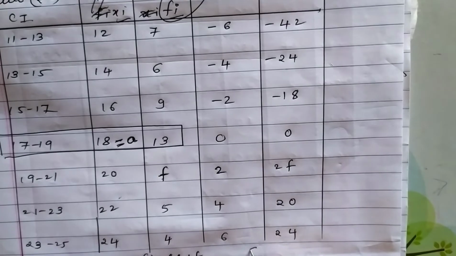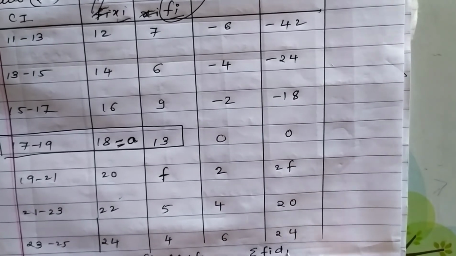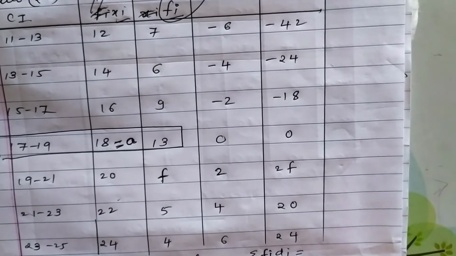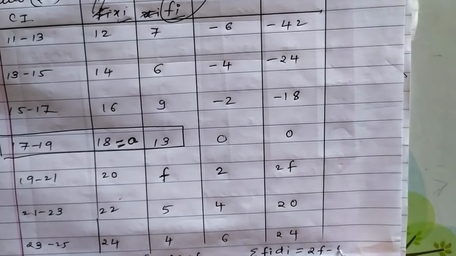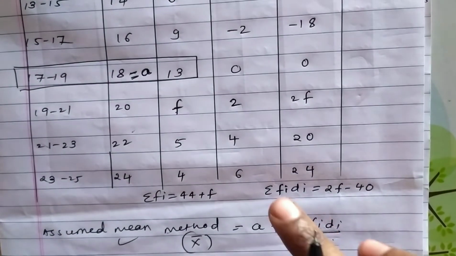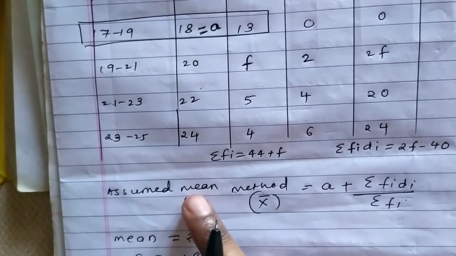So use the properties of addition and subtraction of integers. Addition of fi into di, you will get the answer as 2f minus 40. You will get minus 40 and then plus 2f. 2f we can't add.